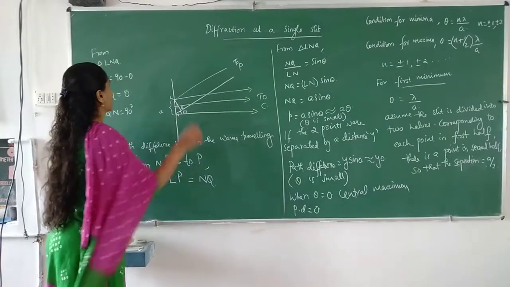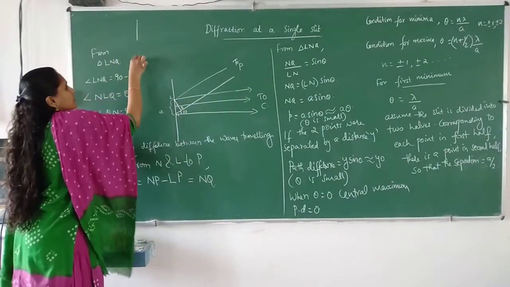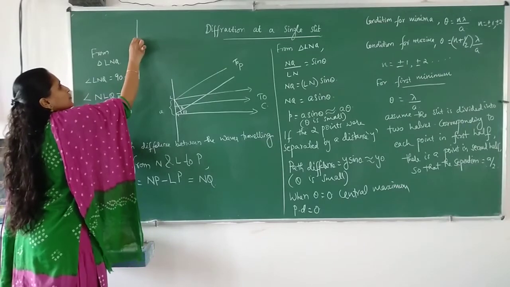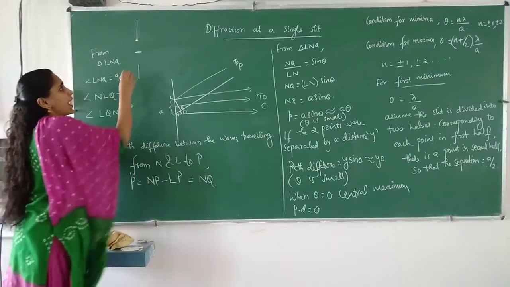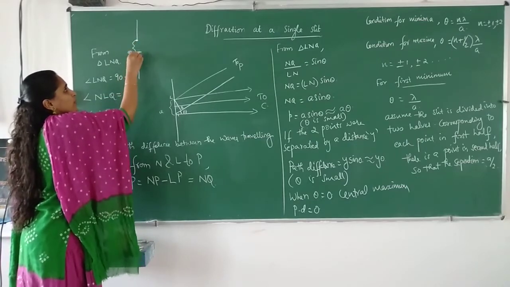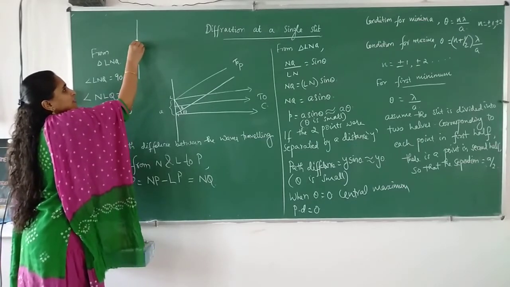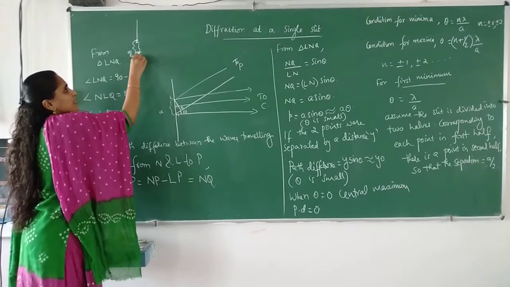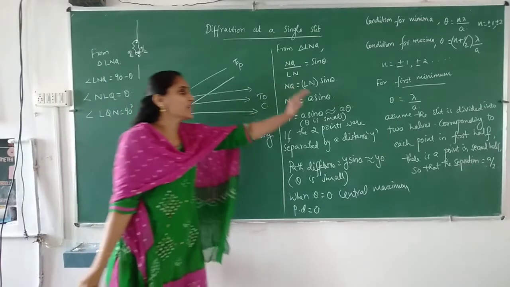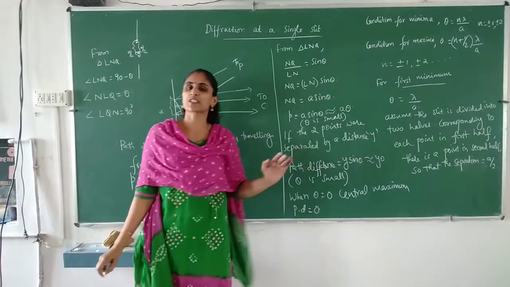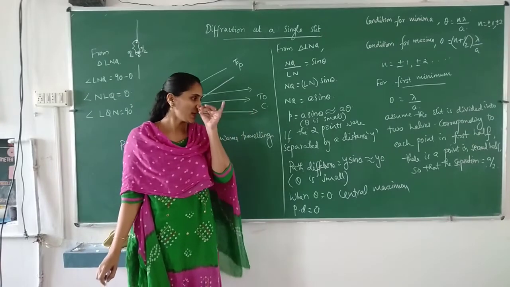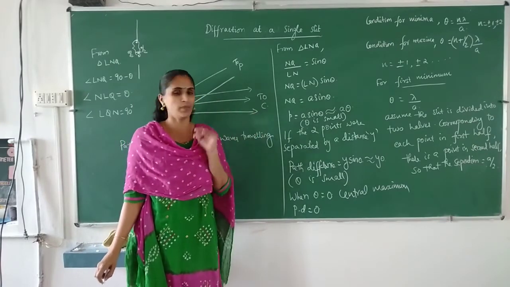Which means if we are dividing the slit into two halves, and we consider one point here, another point we can consider here so that their separation is a by 2. Similarly, for another point here, we can consider a corresponding point with separation a by 2. That's why corresponding to each point in the first half, there will be a corresponding point in the second half, so that the distance between the points will be a by 2.